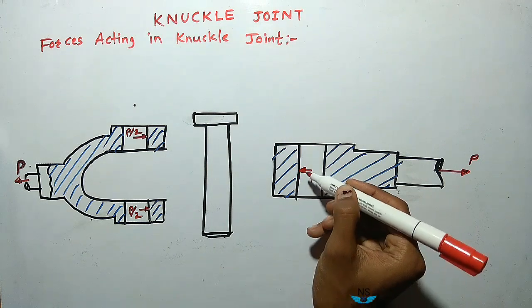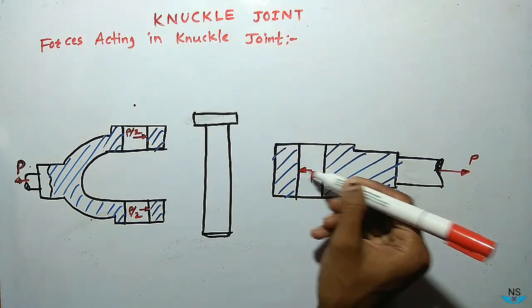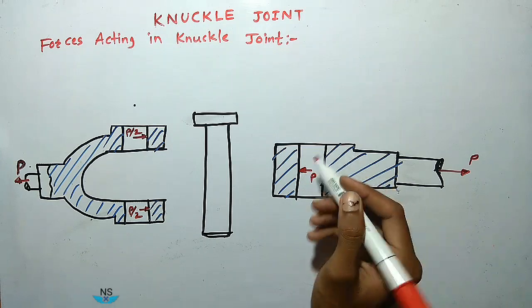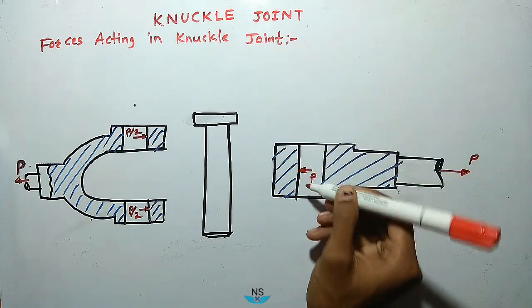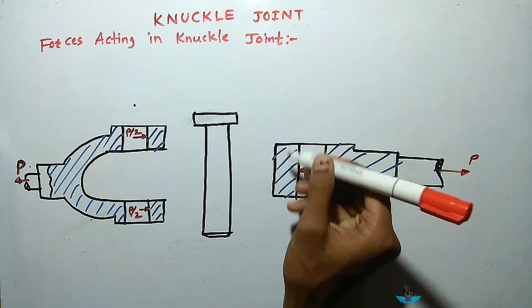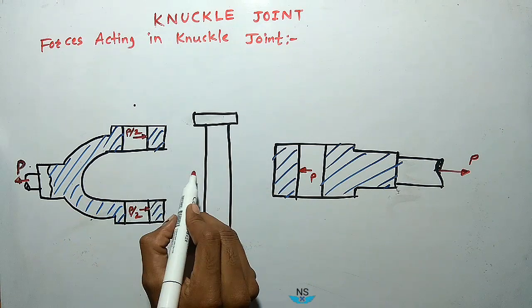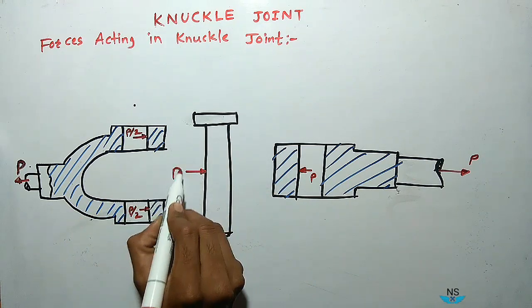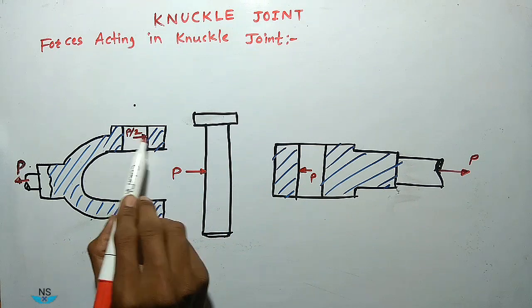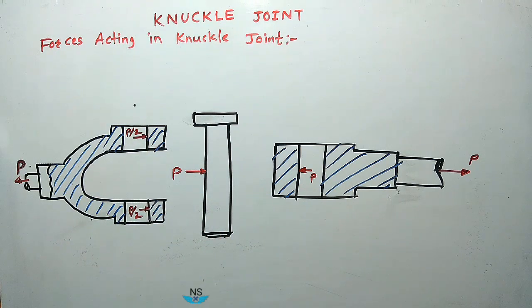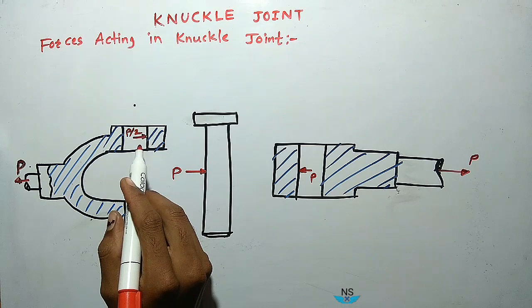Now on the pin, the force P is acting on this side of the eye, so an opposite force P will act on the pin. Also P by 2 and P by 2 act on this fork end.